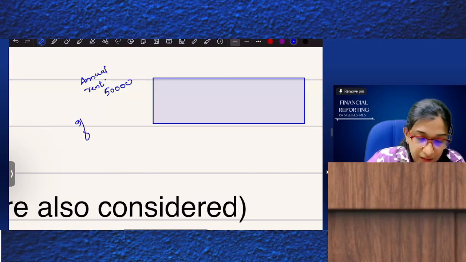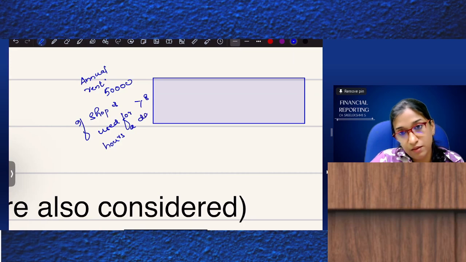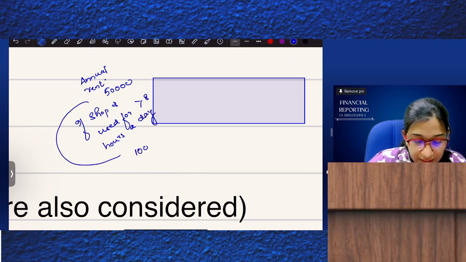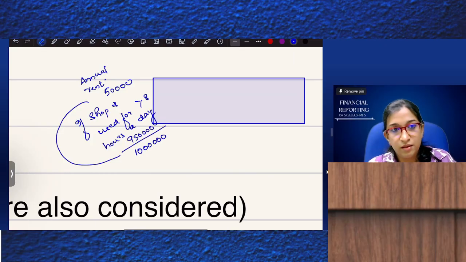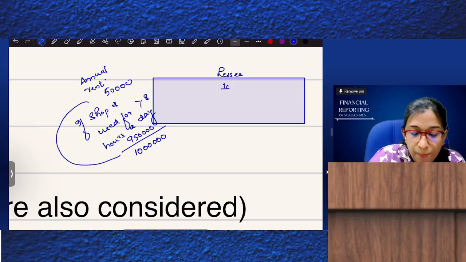If the building is used for more than 8 hours a day, the rent will increase to 10 lakhs. Additional 9,50,000 is payable in a year. And we have inquired with the lessee customer. The shop will be opened for 10 hours a day.